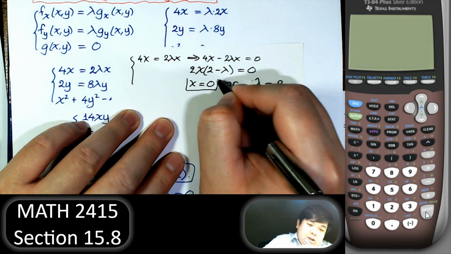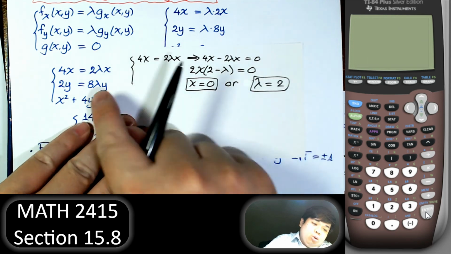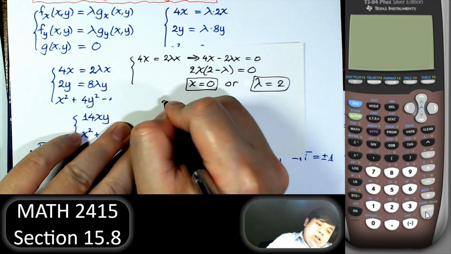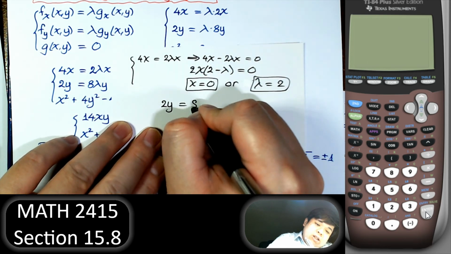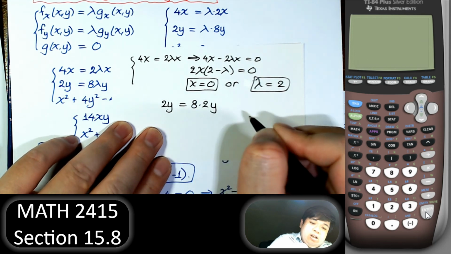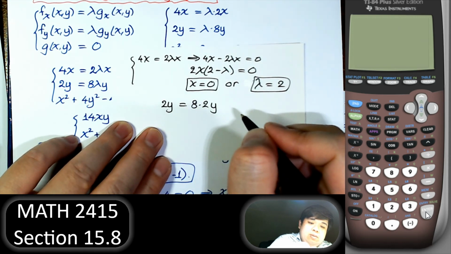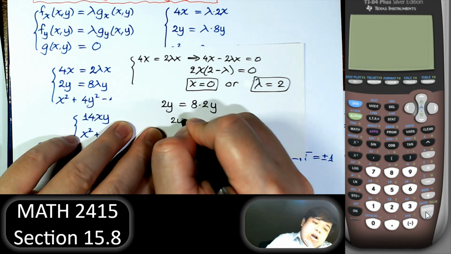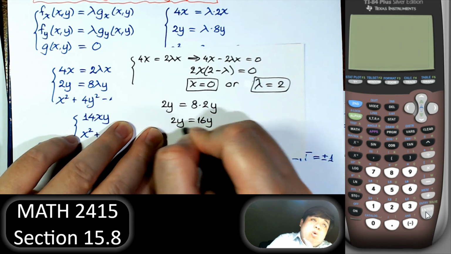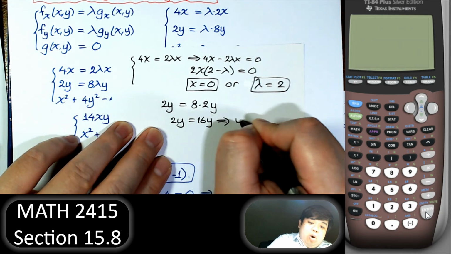Of course we have x equal to 0. Now if we have lambda equal to 2, we put it into the second equation: 2y equal to 8 times 2 times y. So we have 2y equal to 16y. Of course the only thing that could happen is when y equal to 0.